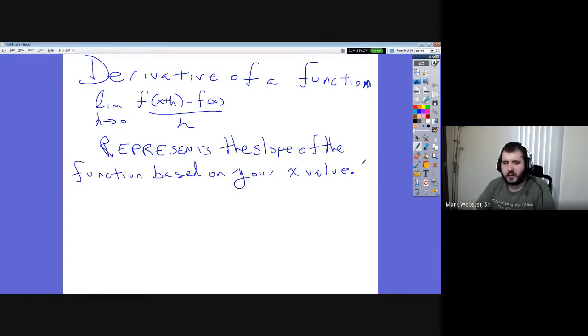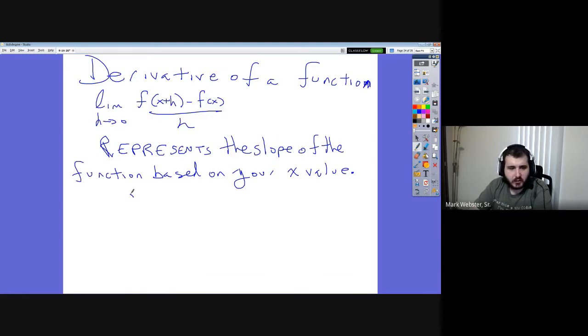And we're going to be able to figure out what that is by running it through the derivative.